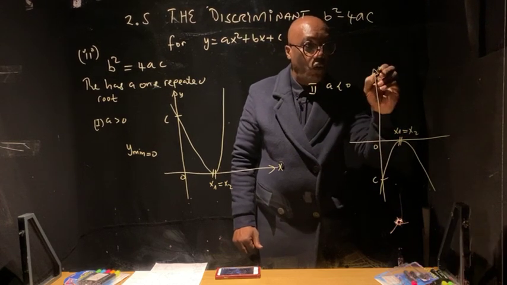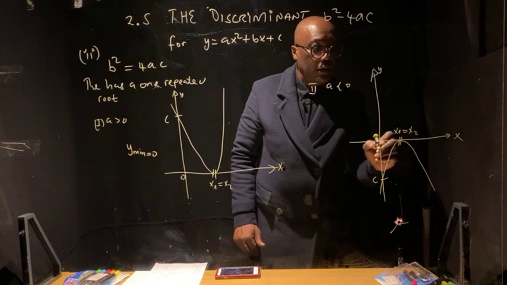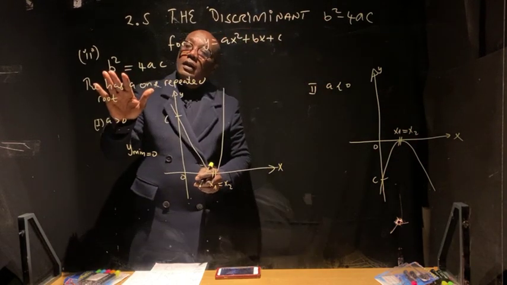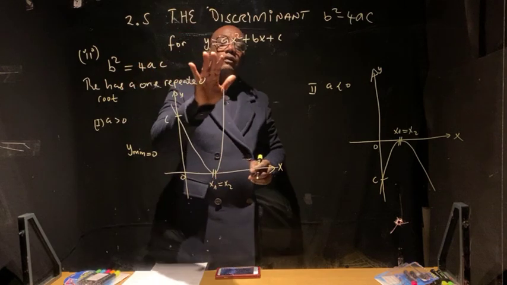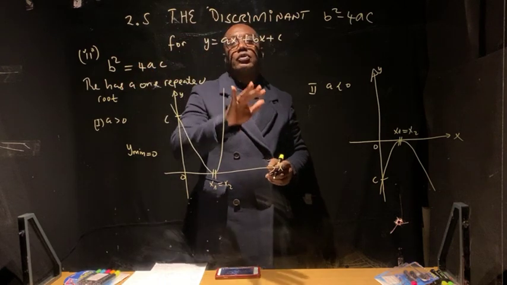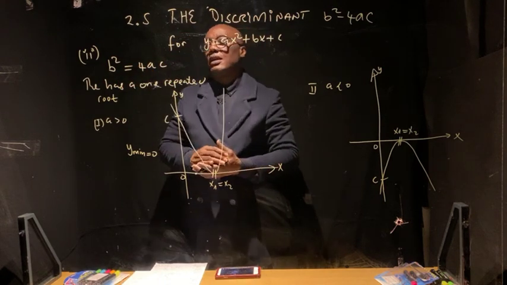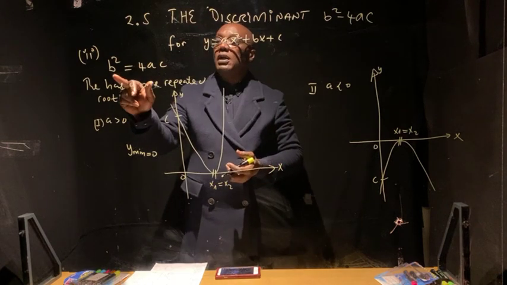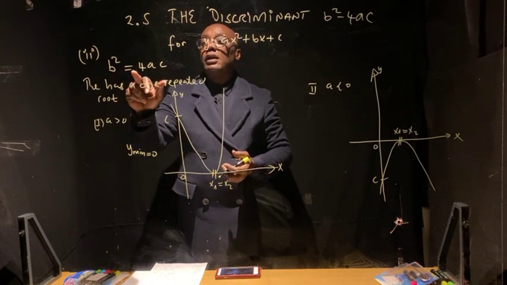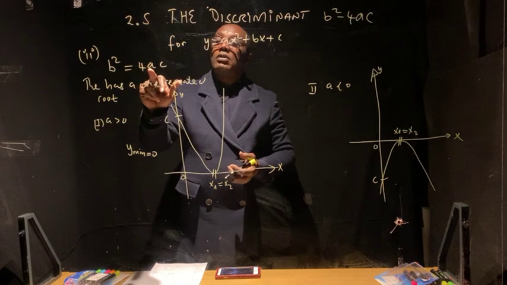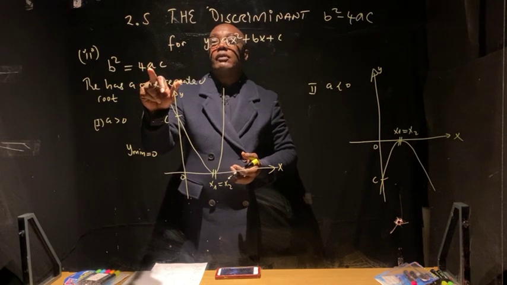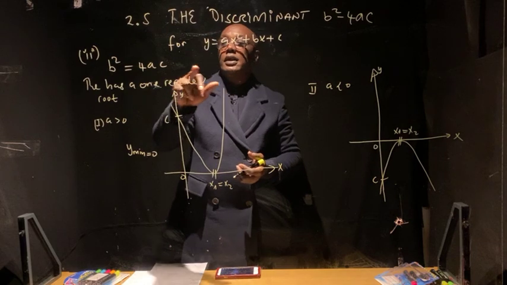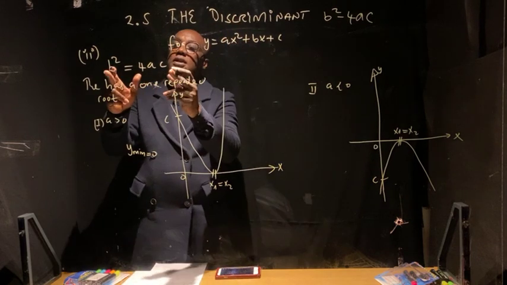So when you have a given quadratic equation, y equals ax squared plus bx plus c, you pick up the coefficient of x, which is b, and you square it, and you pick up the coefficient of x squared, which is a, and the constant c, and you relate it to this equation.